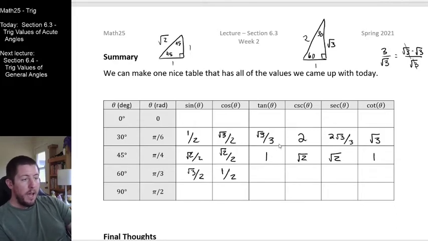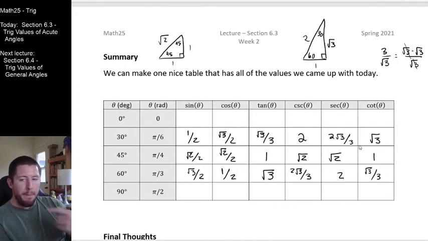And similarly, I also get to just switch the tangent and the cotangent boxes right here. Finally, I also get to switch my secant and cosecant boxes right here. And notice that these do agree. The reciprocal of cosine did give us 2 for the secant value right there, so that was good.